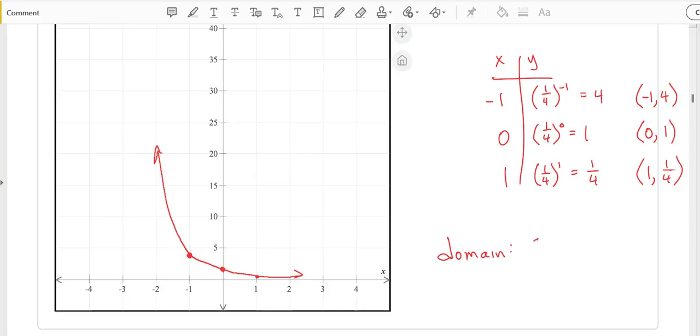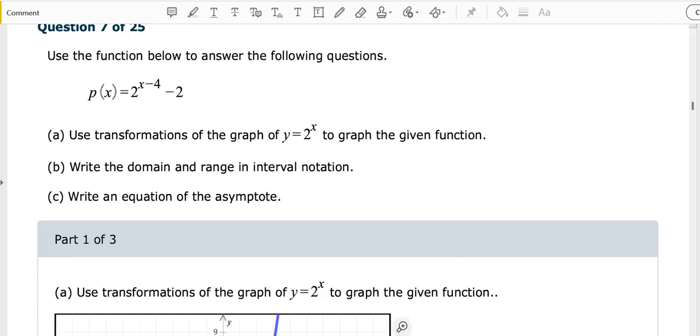Again, this is an exponential function, so the domain of an exponential is always all real numbers. And my range, because I have a horizontal asymptote here at y equals 0, is going to be from 0 to infinity.